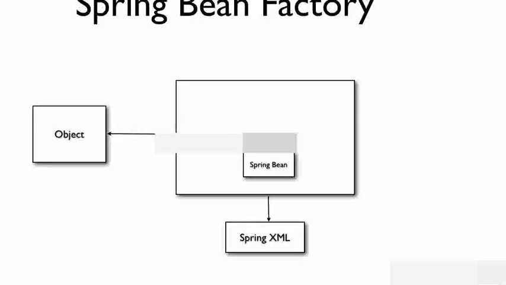And now the bean factory is going to read this XML and give us the bean. So this is not really dependency injection yet. We are still using the basic factory functionality of the Spring framework, and we're getting a bean out of it. We have not started doing dependency injection, but this is the first step.